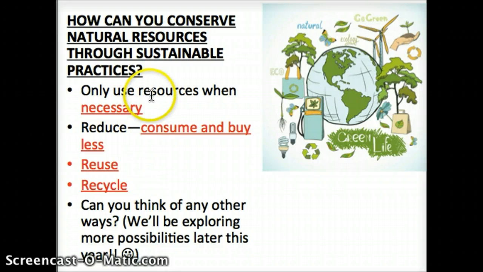And only using resources when necessary. Do we really need extra napkins? Do we really need to throw away certain pencils and paper? I can just talk about, at school, are you throwing away things that you shouldn't be, or are you using things when you don't really need it? So think about those things. Those small actions make a really big difference in the rest of the world.